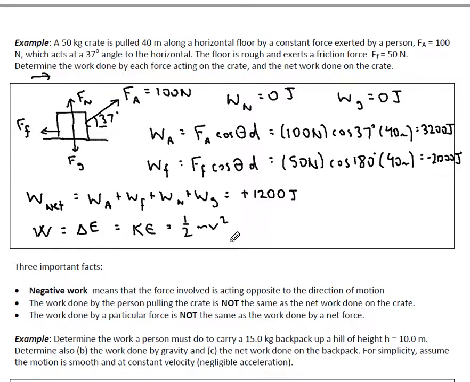So we say 1,200 joules is equal to 1/2, mass is 50 kilograms, v squared. If we now solve for v, we get the square root of 1,200 times 2 divided by 50. We see that the speed of this object, v, in those 40 meters, has changed by 6.9 meters per second, because we've added more energy to the block.